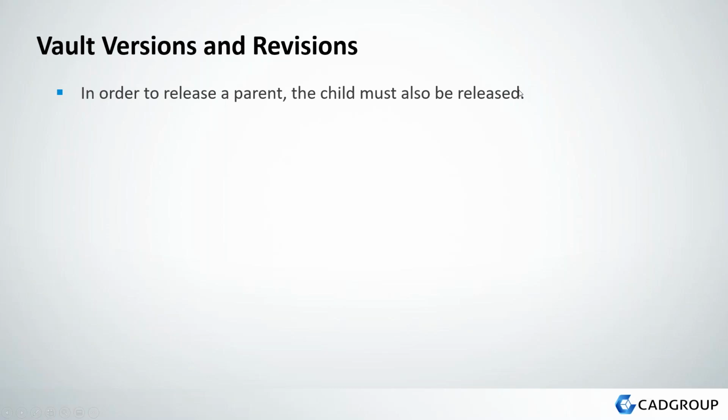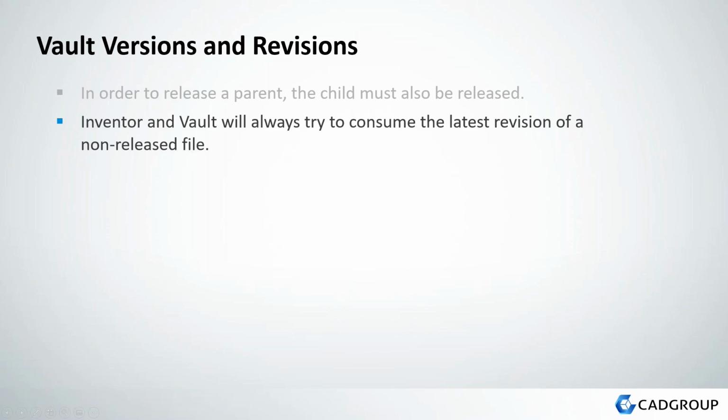This makes perfect sense because you don't want to approve or release an assembly for manufacture when one of the parts of that assembly might change. You might be approving this assembly, it works this way, and then somebody goes and changes a part. You want to make sure that part does not affect that assembly at the point you're reviewing it. And so Vault, by default, has that check: when a parent is released, all of the children components must be released as well.